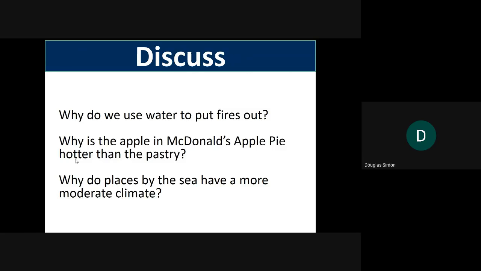However, it feels that the apple is hotter because it's transferring much more energy to you and is much more likely to burn you than the pastry. So this is quite a good example of how our everyday language isn't quite good enough for explaining physics, and our sensations don't always match up to the physics.